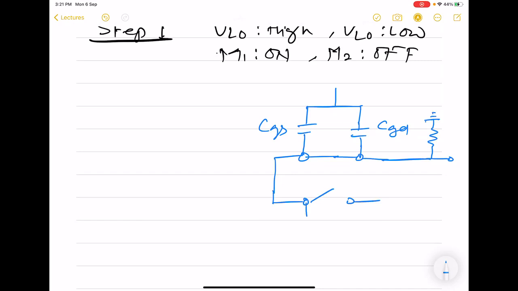The second MOS is off. Since all these gate to source capacitors for both the MOS are the same, we will adopt a simplifying notation. We will simply say this is CS and this CD, because we will be very often using these capacitors in the expressions.